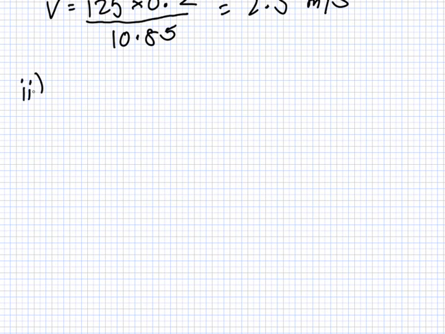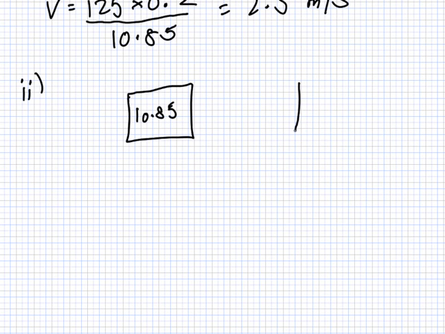Part 2. The object then collides with another object and then they move in opposite directions at a speed of 3.67. Object A is then in collision with object B. So I should draw this one. Here's A. It's 10.85.